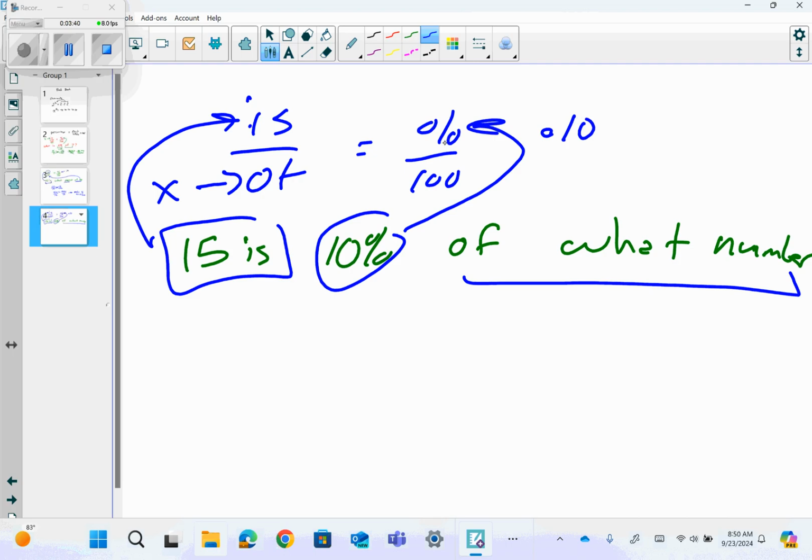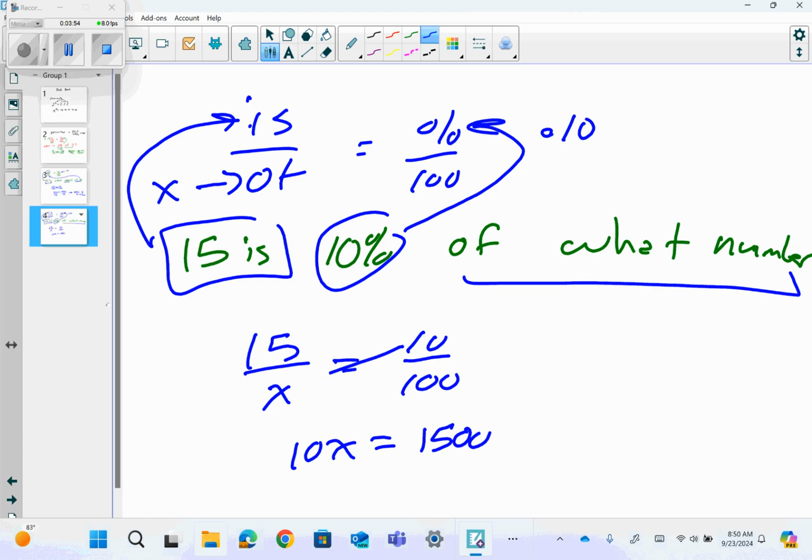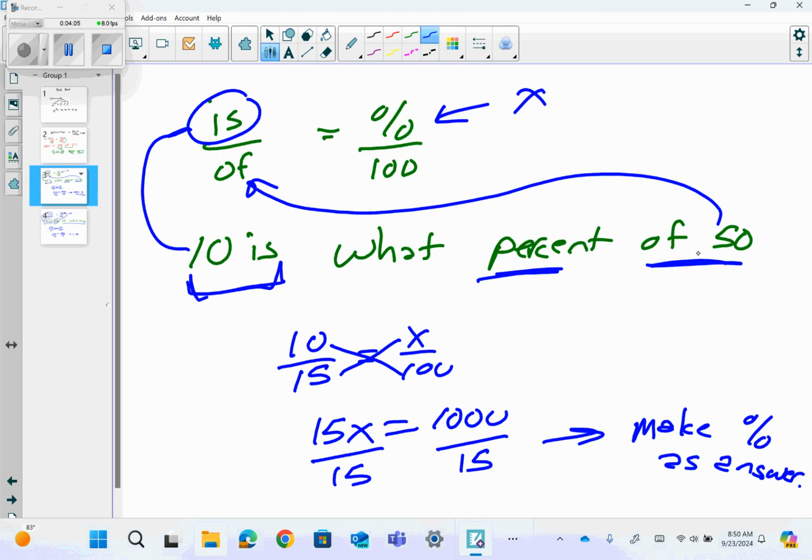You can just make that 10%. So you're going to get 15 over x equals 10 over 100. Cross multiply. So 10x equals 1500 because you're cross multiplying. Divide by 10. So x equals 150.